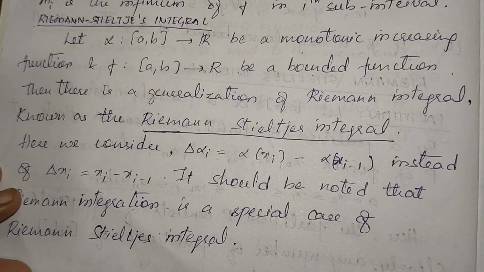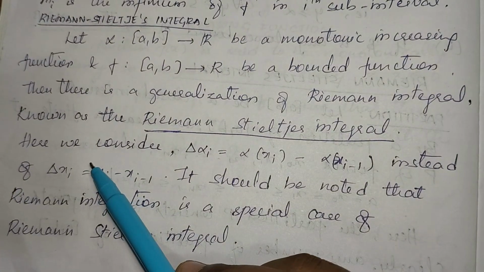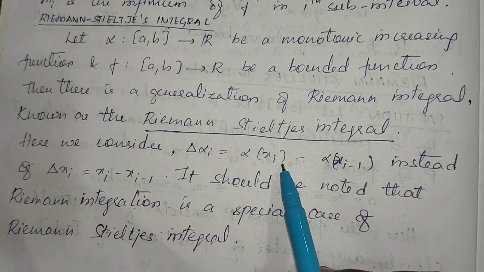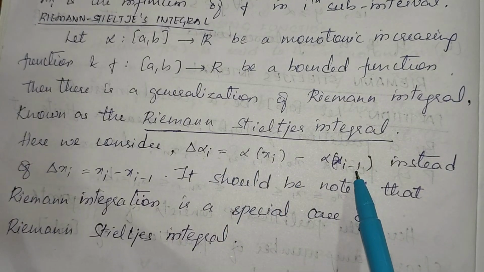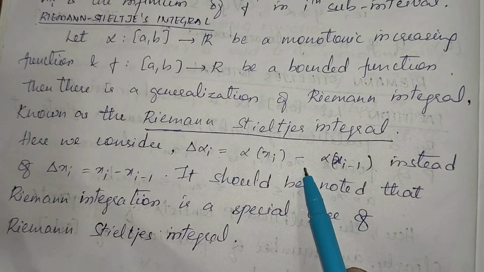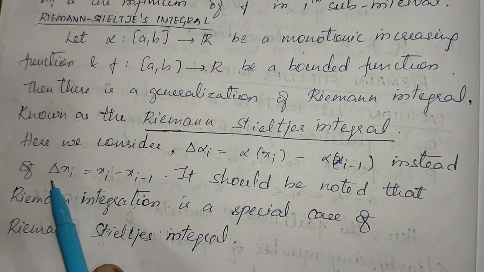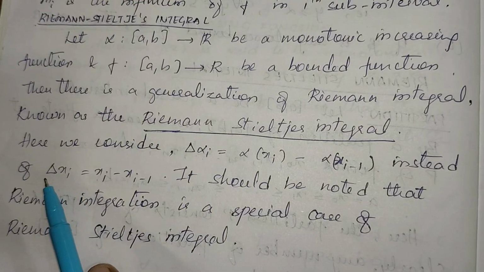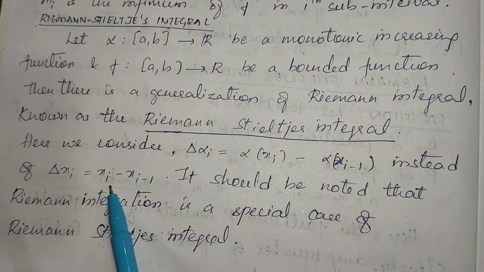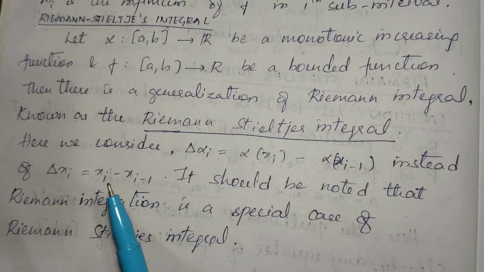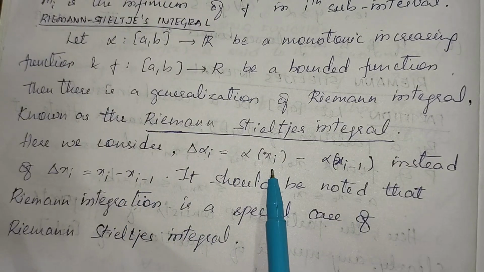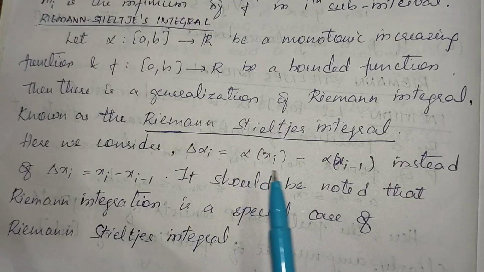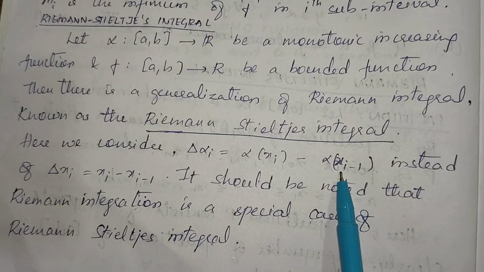Okay, fine. So here we considered delta alpha i, that is alpha of xi minus alpha of xi minus 1. So we are considering this instead of delta xi. There in the Riemann integral we had delta xi equal to xi minus xi minus 1, and here in Riemann Stieltjes it is delta alpha i equal to alpha of xi minus alpha of xi minus 1.